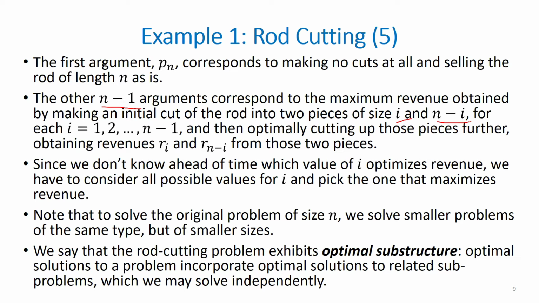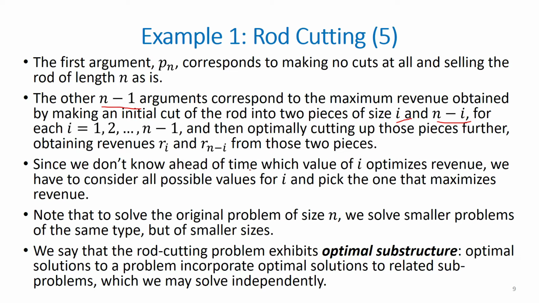The question now is, what is the best i value at which we should make the cut in order to maximize our revenue? Answer: we have no prior information on that. So we should do what is known as a brute force computation, that is, consider all the possible values of i, compute the revenue, and then choose the maximum revenue.